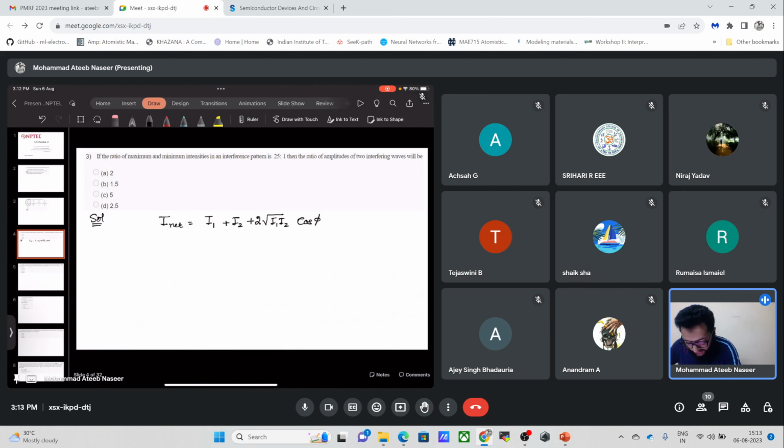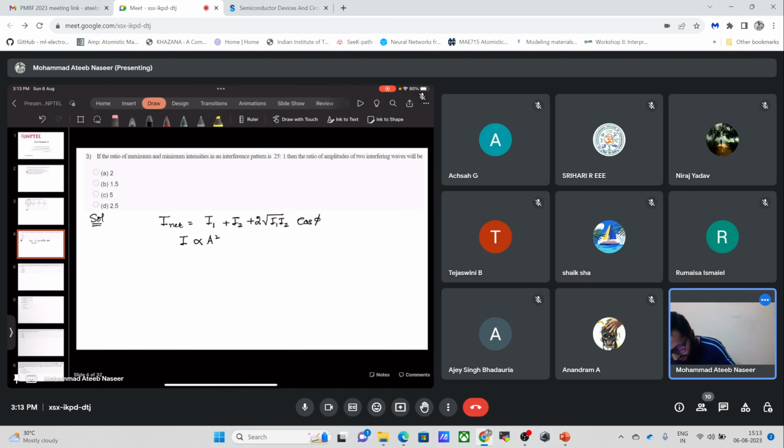This phi, this cos of phi, will tell us whether we are doing it constructively or destructively. We also know that this intensity is directly proportional to the amplitude squared.